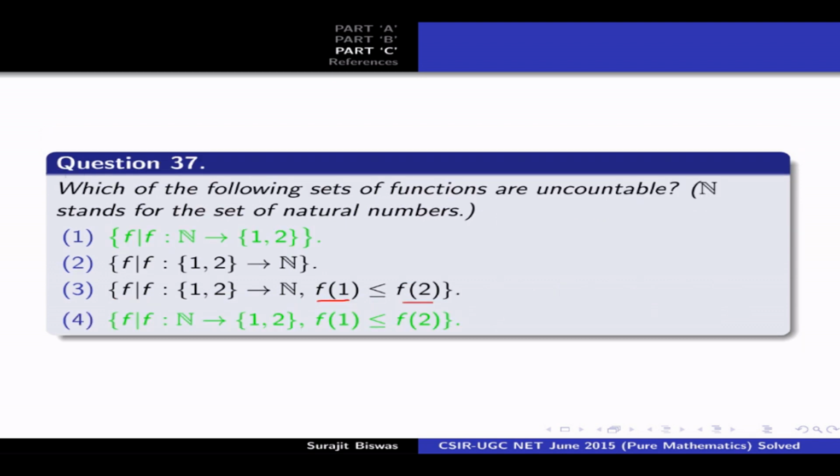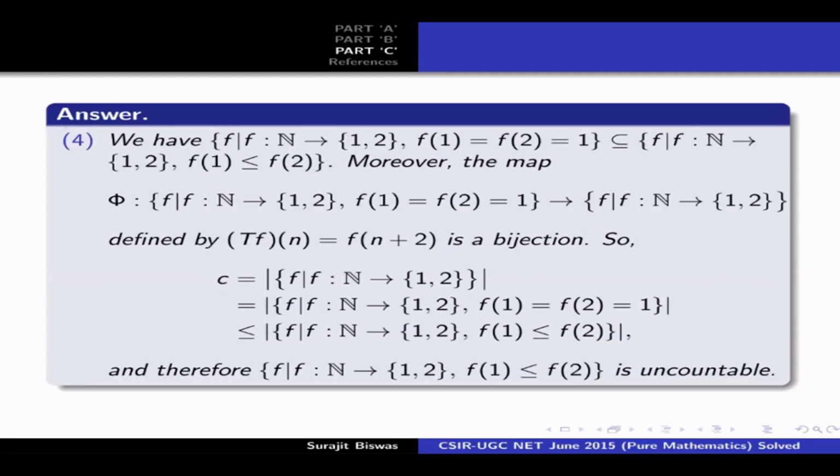In the fourth option we have a collection of functions from the natural numbers to {1, 2} such that f(1) is less than or equal to f(2). Now we observe that this set contains the set of f such that f is a function from N to {1, 2} and f(1) equals f(2) equals 1.